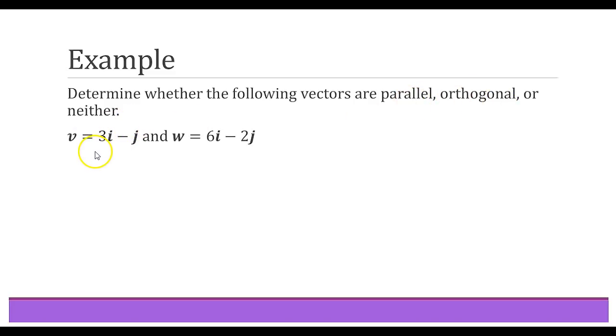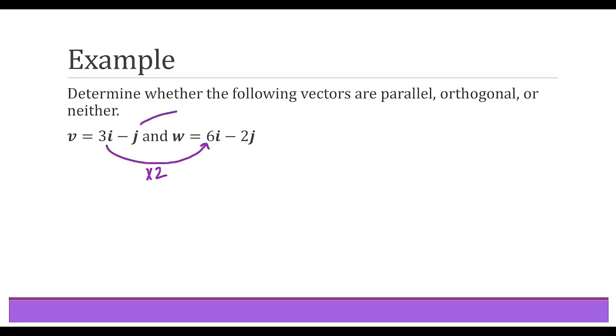If I look at these vectors, v equals 3i minus j and w equals 6i minus 2j. The first thing I want to do is determine if one is a scalar multiple of the other. So what I'm looking at is, component-wise, is it the same number that I would multiply by to get from one component to the other? To get from 3i to 6i, I would multiply by 2.